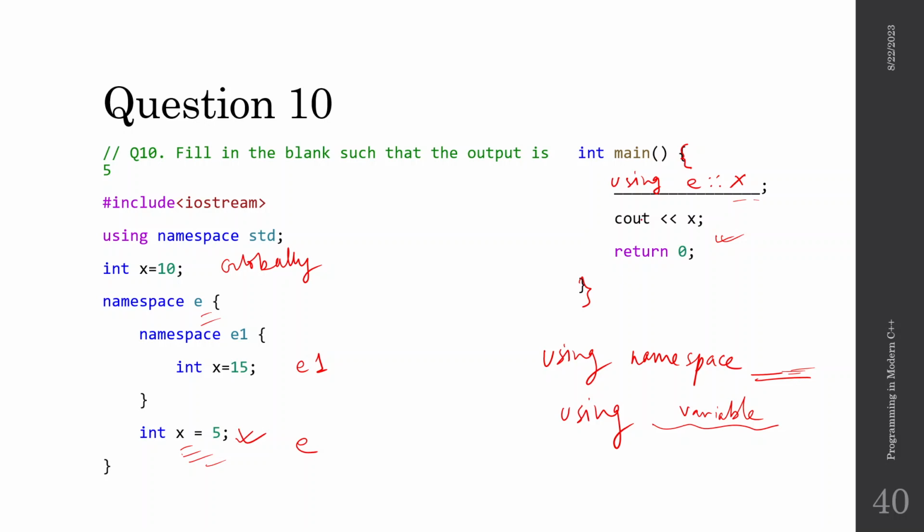If we write using namespace and then some name here, it will be treated as if this scope is inside the namespace which we have written. But if we write using and then some variable name, then only that variable will be included in this scope.